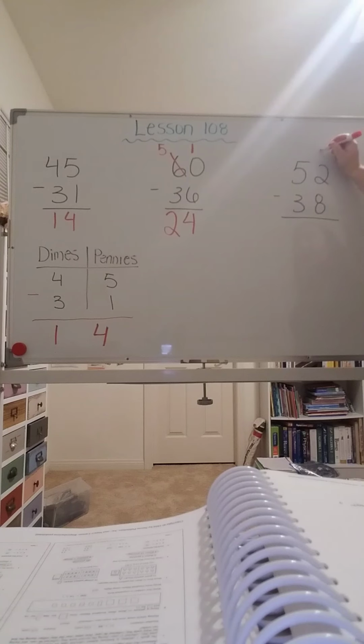We put 1 here, and we cross this 5 out because we just borrowed 1 dime, so we have 4 left here. What is 12 minus 8? 4. And what is 4 minus 3? 1. So 14.